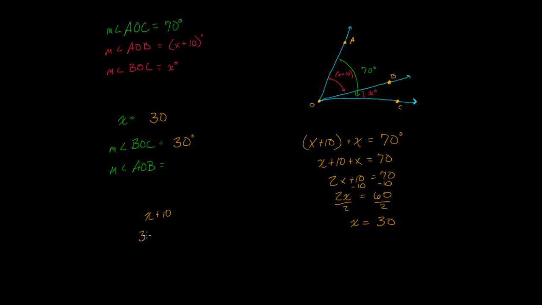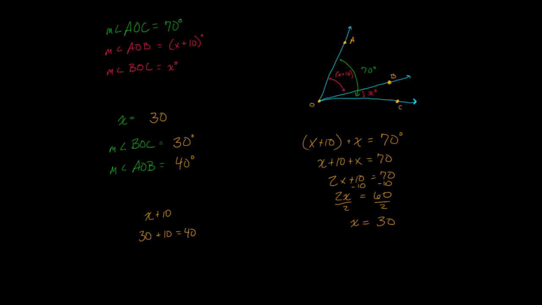I'm going to put in my 30. My 30 plus 10 is equal to 40. So we have 40 degrees here. Now if we add these two together, 40 plus 30, that gives us our 70. That is our check step. So we know that that is correct.